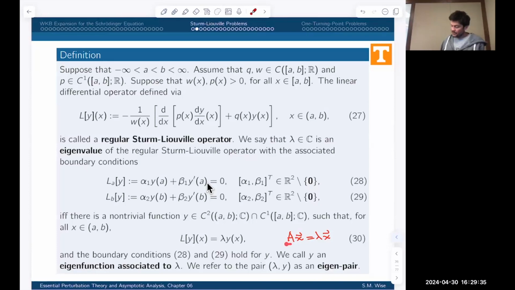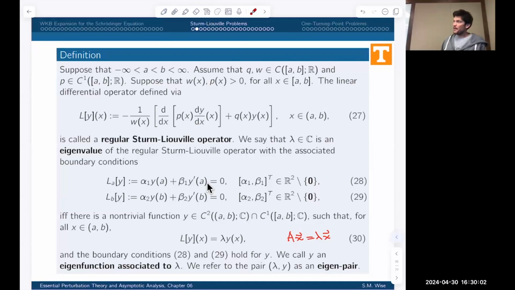Whereas operators of the type that you encounter in linear algebra don't always have to be paired with boundary conditions. In differential equations land, you always have to pair a differential operator with boundary conditions. The boundary conditions we have are so-called Robin boundary conditions of homogeneous type.